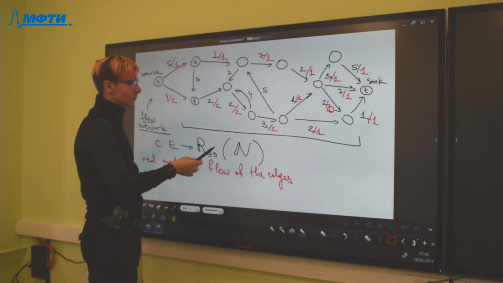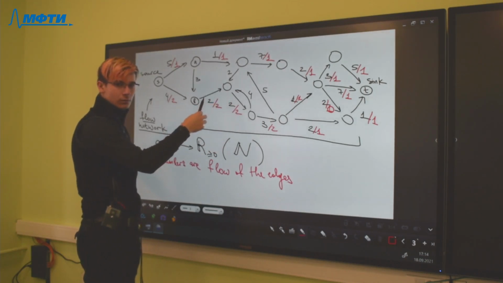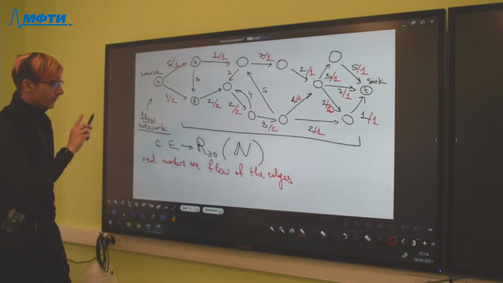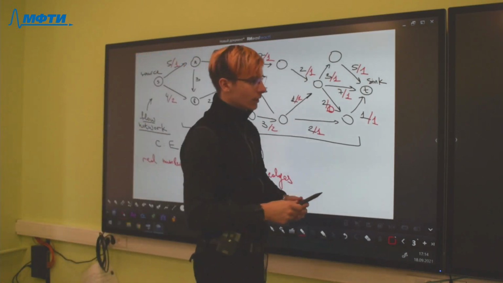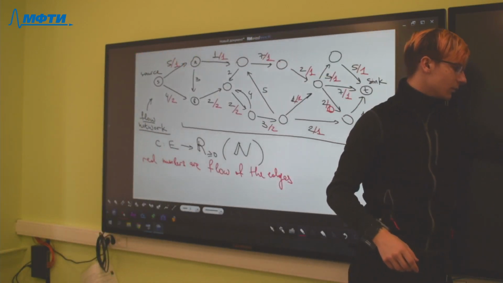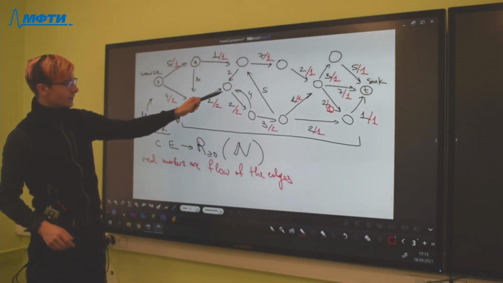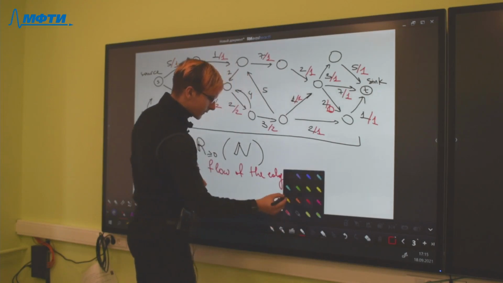Do we need to get flow in the other direction? I mean, the flow will be -2 here? No. Flow is the function of the edge. And we can say that, for example, I need to name these vertices.